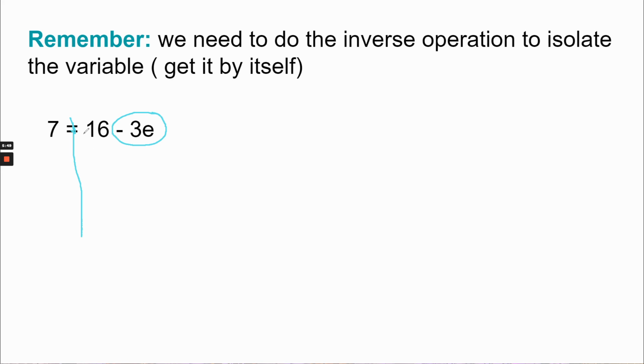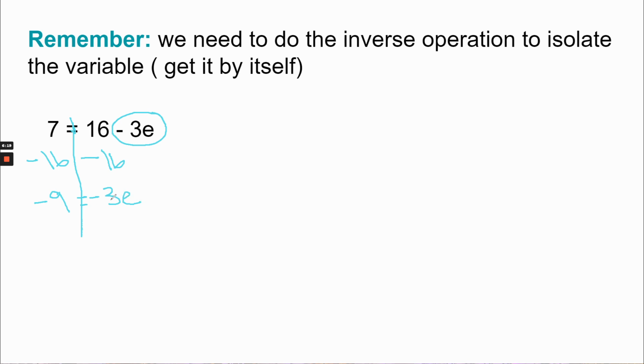So the opposite of adding 16 or +16 would be -16. 7 minus 16 is -9. And then on this side we have -3e, because we talked about the sign goes with the number after it. So we still have to keep that to show that it was -3e.